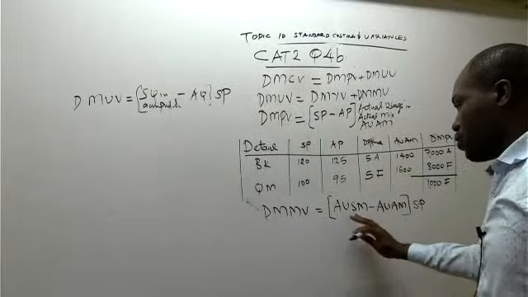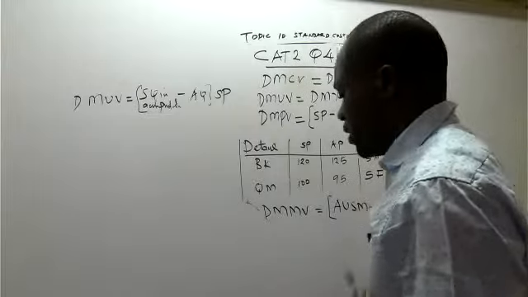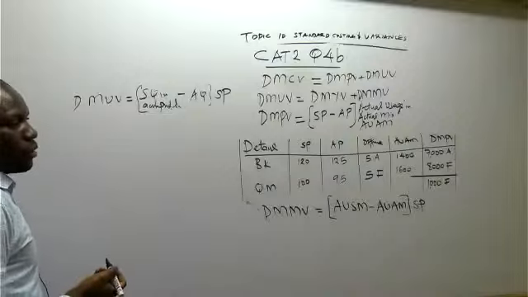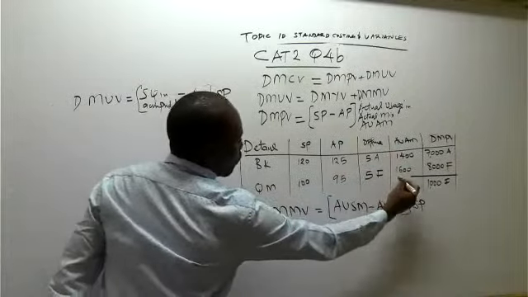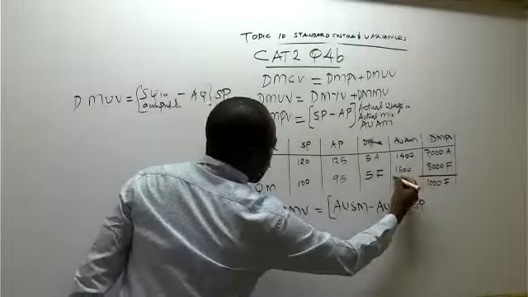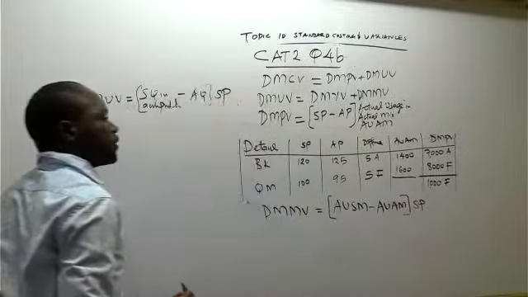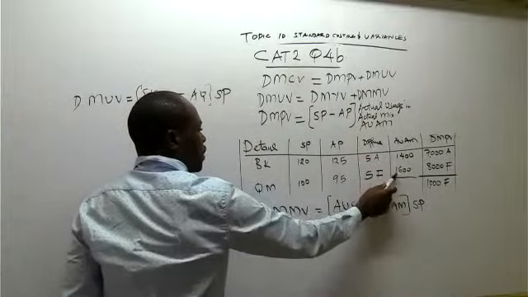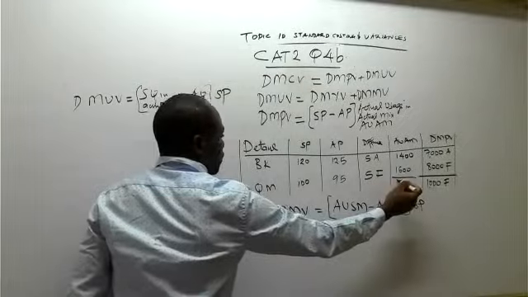Now we come here, let's look at this first, actual usage in standard mix. Actual usage in actual mix is this. We have found they used how many kgs of these raw materials? They used 1,400, they used 1,600. So that is a total of 3,000.